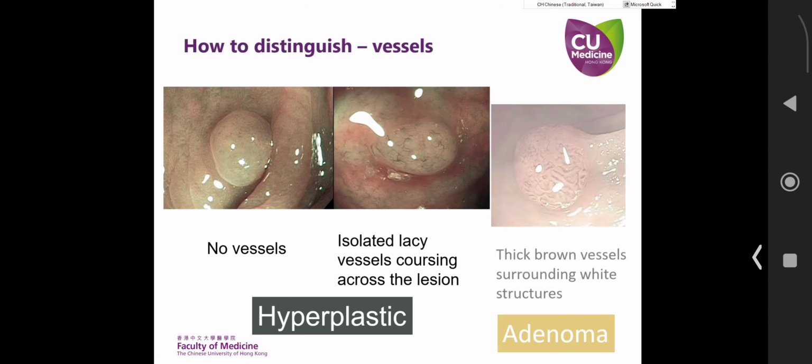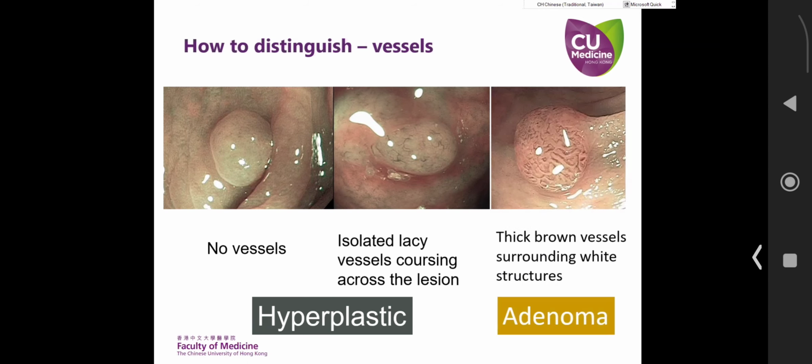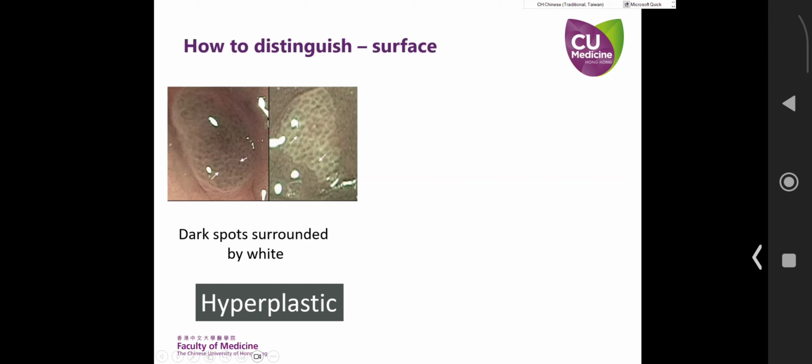And for adenoma type lesions, the vessels will be quite thick and brown, but still it's a regular type of vessels. So this will be the adenoma. The third thing that can help you to differentiate is the surface.